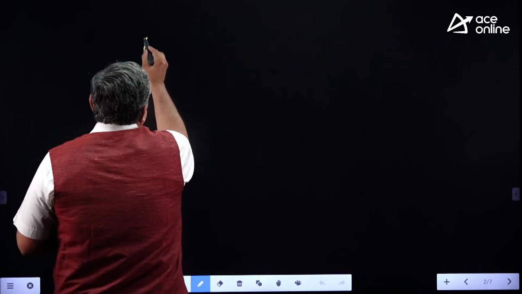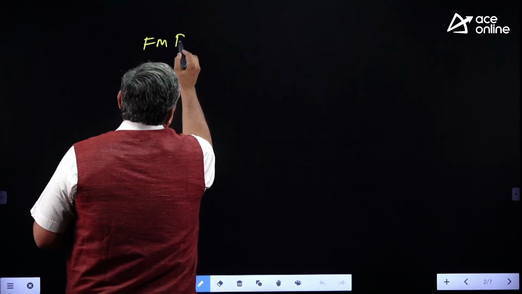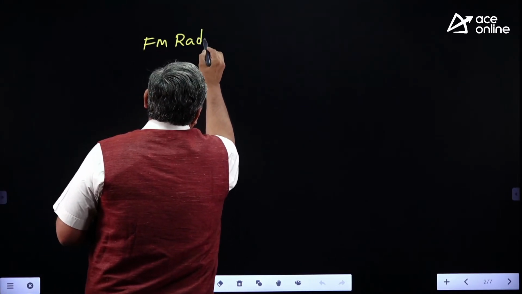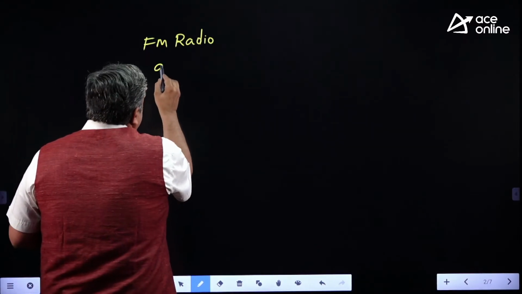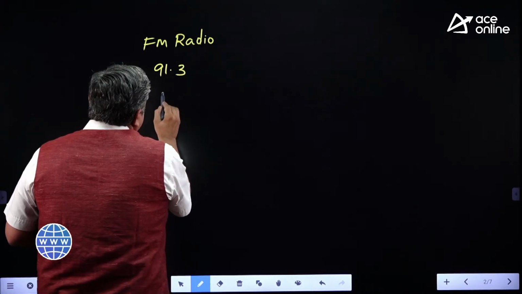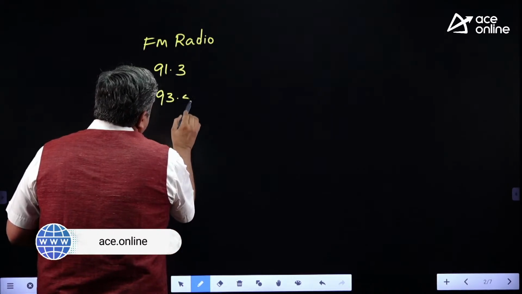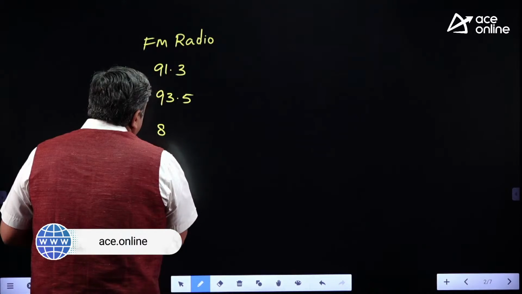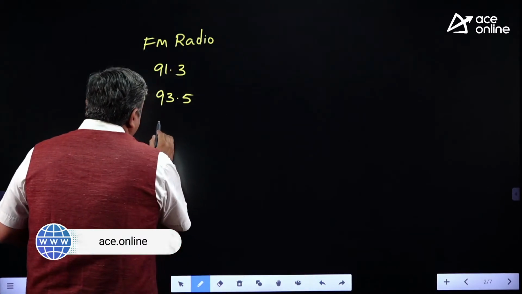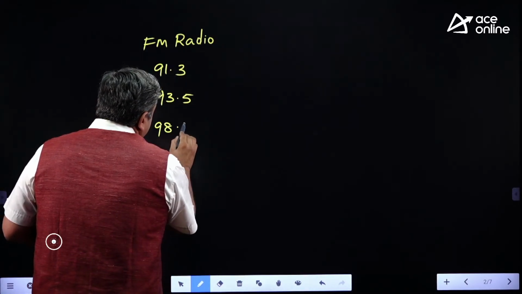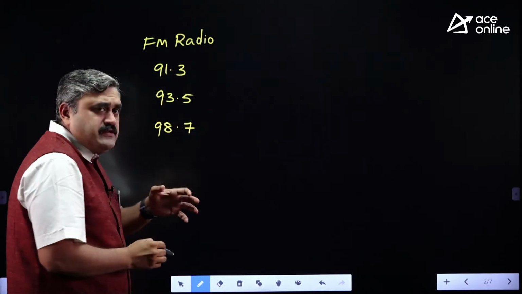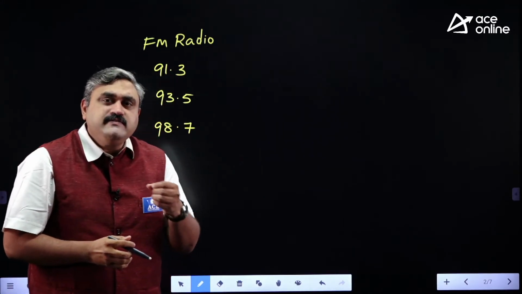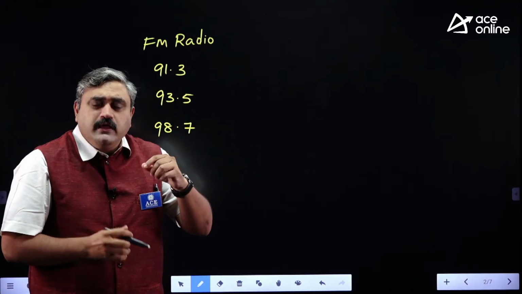If you see FM radio frequencies, let us list out two or three, let us assume 91.3, 93.5, 98.7 and so on.